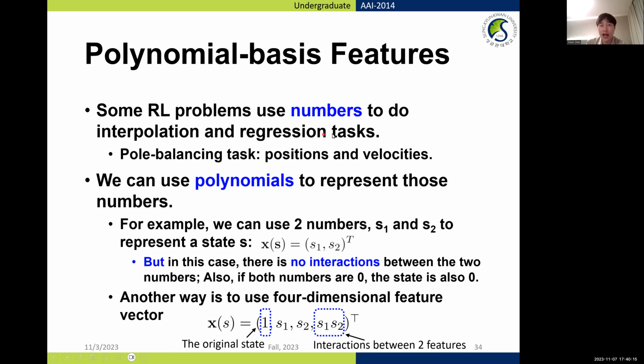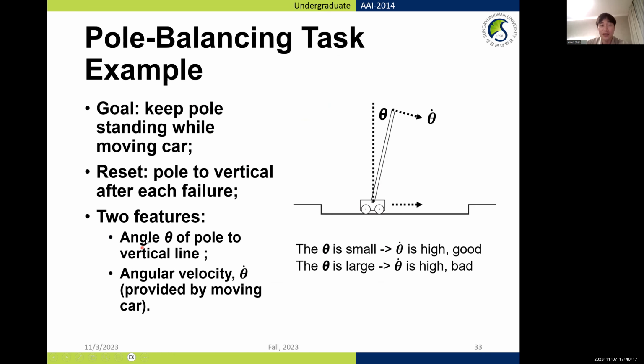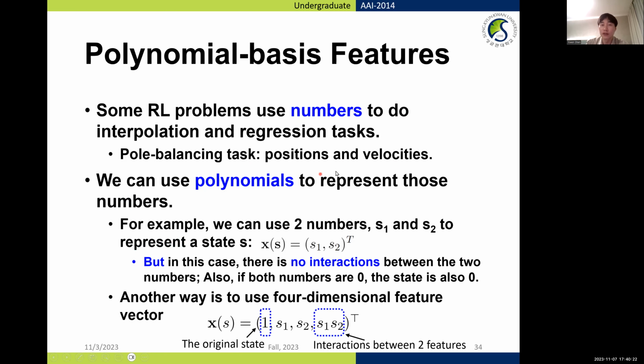We are using sensing information, and those data are numbers, so we are trying to do regression tasks like position and velocity. We can use a polynomial to represent those numbers.